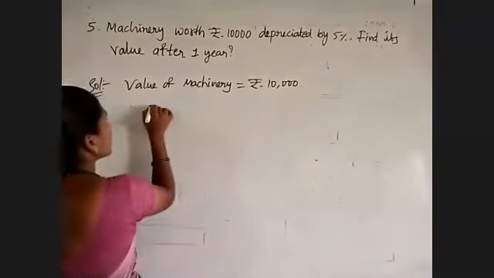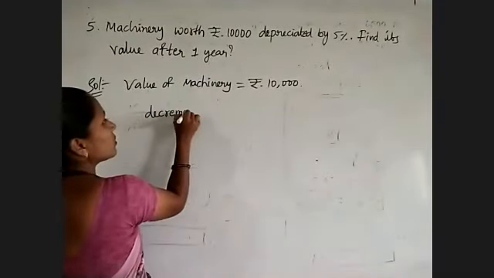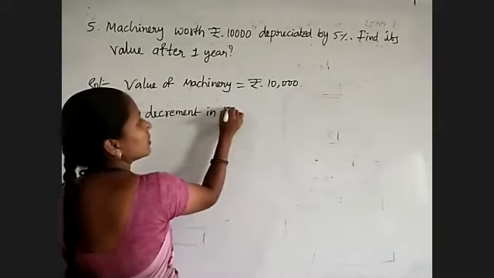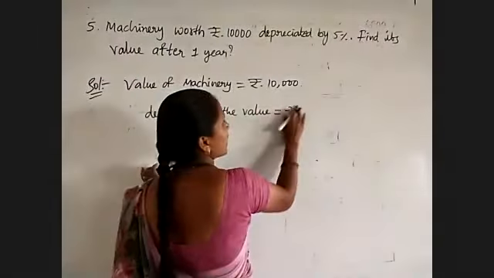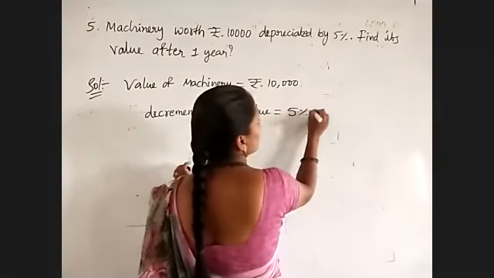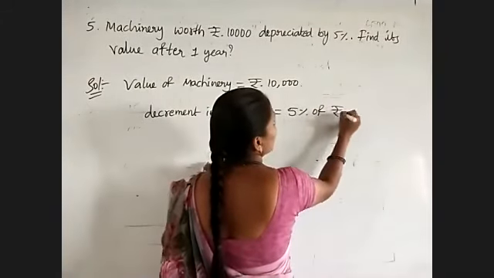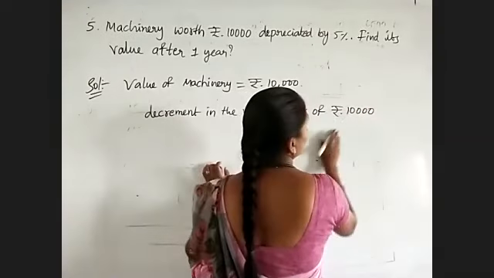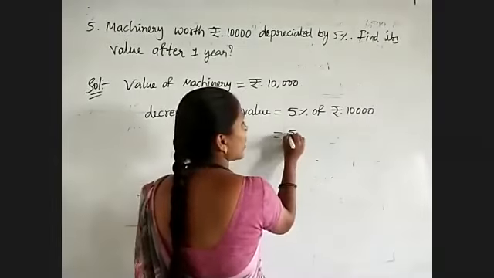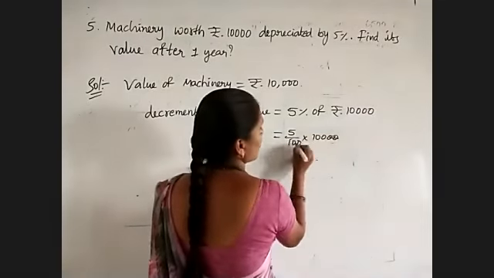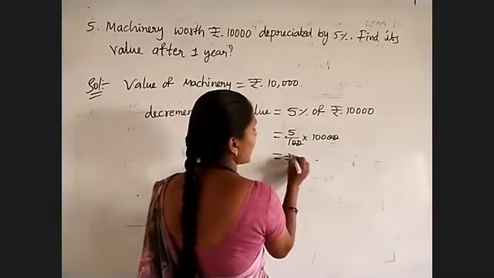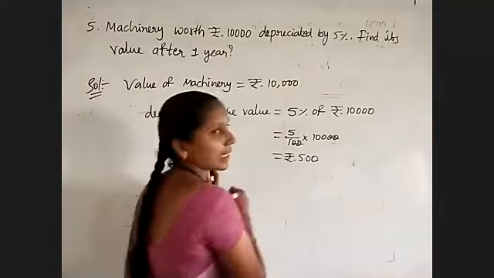And the decrement in the value is equal to 5% of 10,000 rupees, which is nothing but 5 by 100 into 10,000. 2 zeros will get cancelled and 500 rupees is the deducted amount.